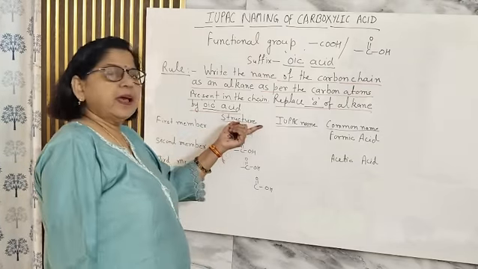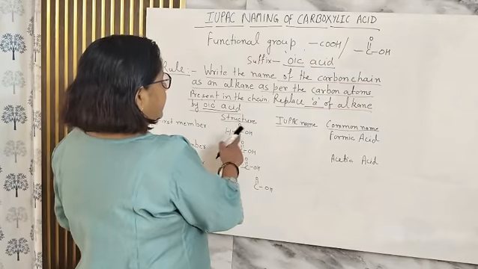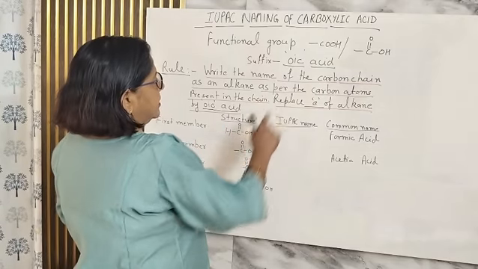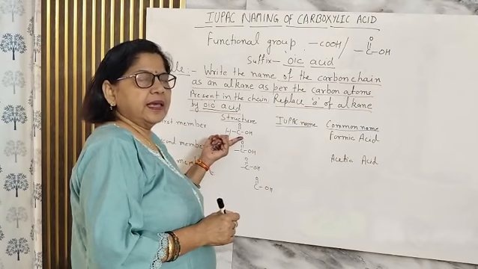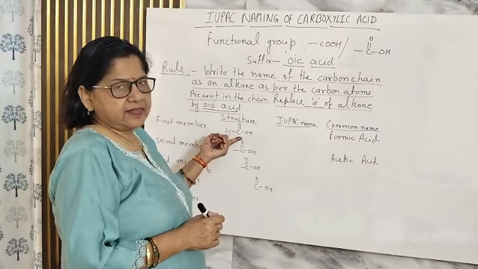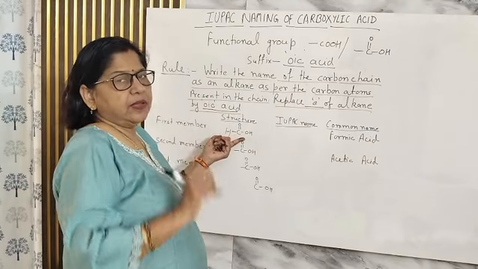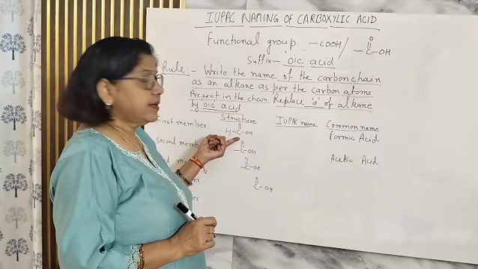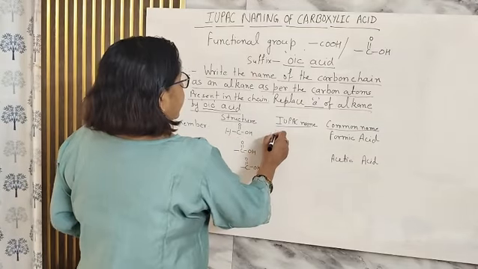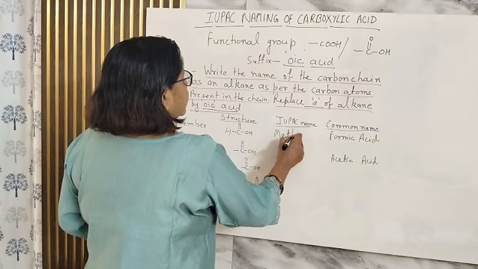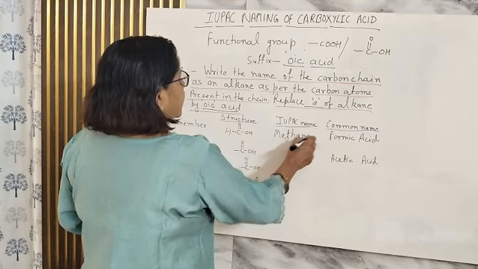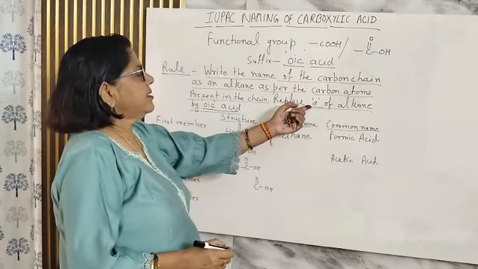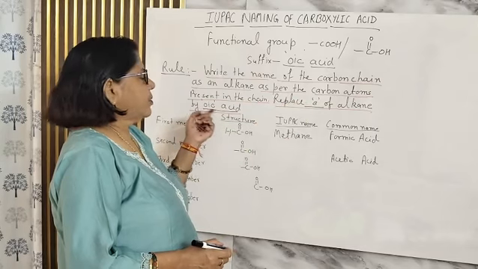Then how will you write the IUPAC name? First of all, write the name of the carbon chain as an alkane depending upon the number of carbon atoms. Since one carbon is there, its alkane will be methane. Now replace the E of the alkane by oic acid.